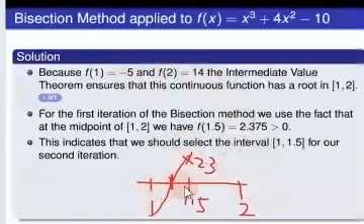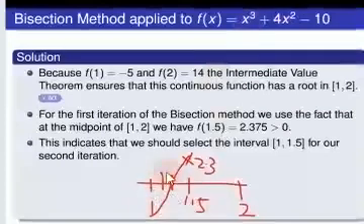Then we select B as 1.5, and this is your A value. Then you can find the midpoint of these two. What is the midpoint? The average of 1 and 1.5 gives you 1.25.